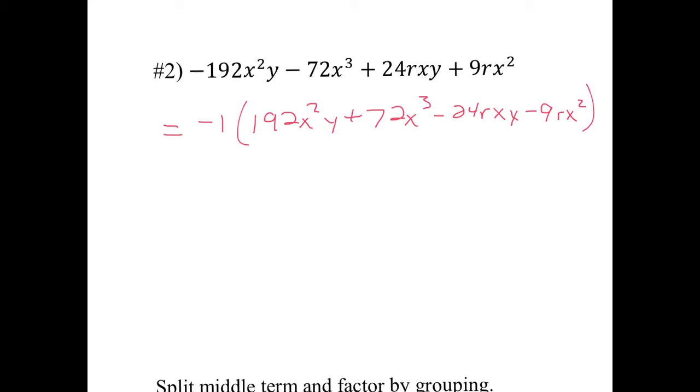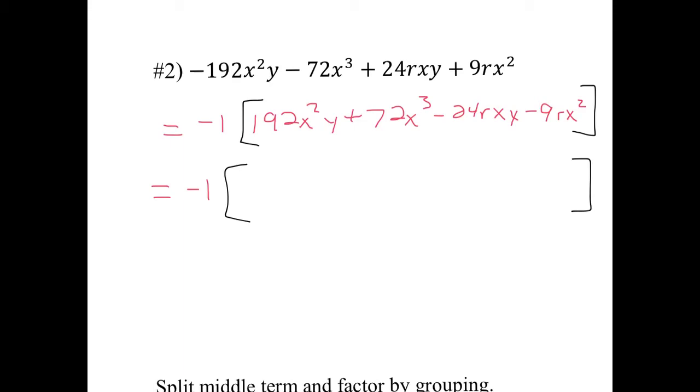Then I group terms together. And when I do this GCF, I want to use brackets instead of parentheses, because I'm going to have parentheses inside of my parentheses. It's easier to read if I have brackets. So I'll bring the negative 1 down, bring my brackets down.